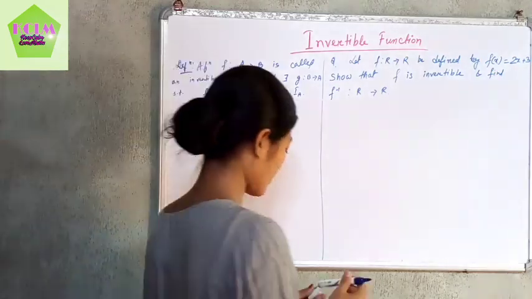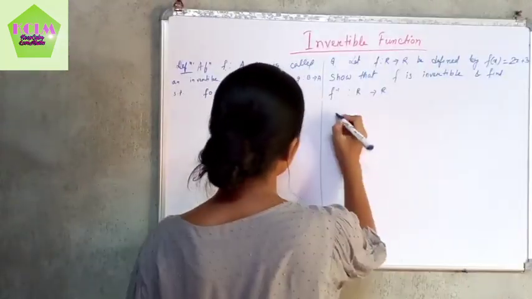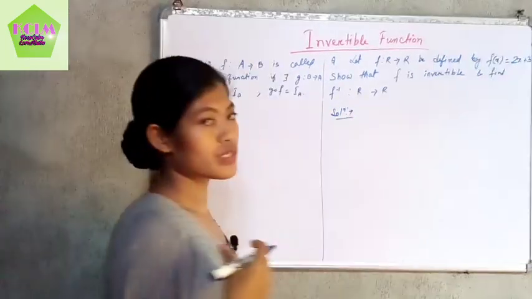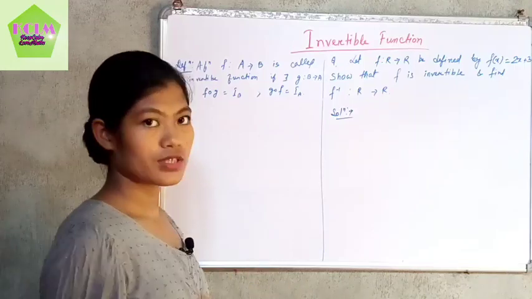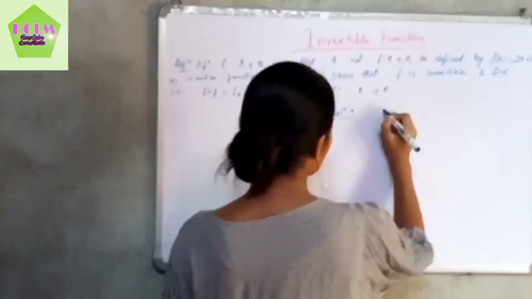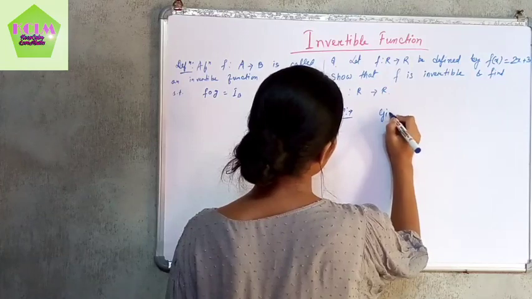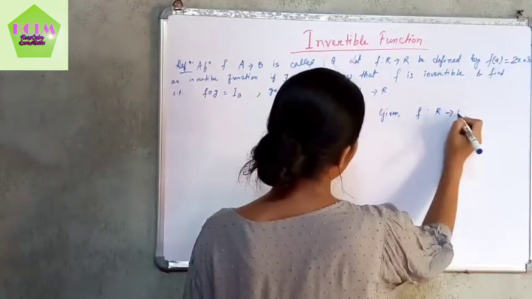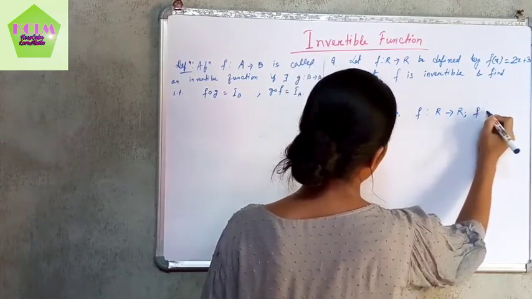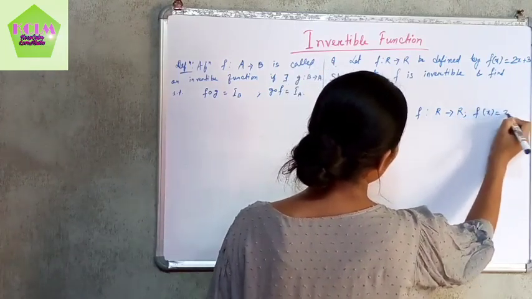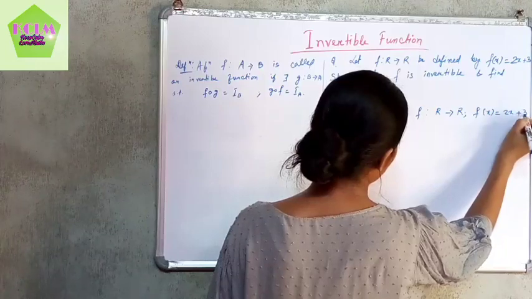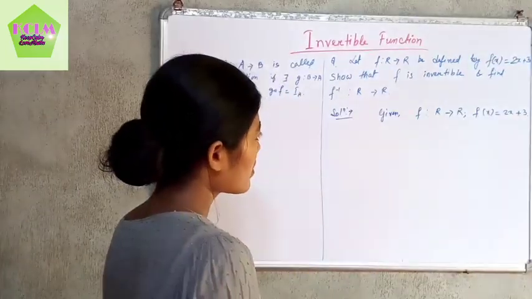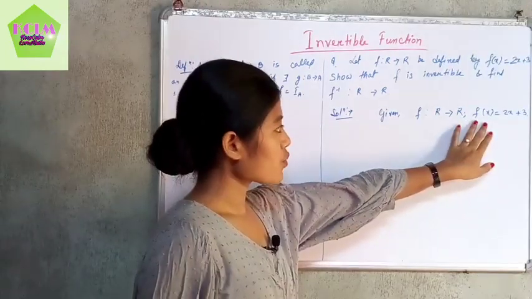So for the solution, our first step is to find the other function g. We are given f from R to R, defined as f of x equal to x plus 3. So f of x is nothing but y.